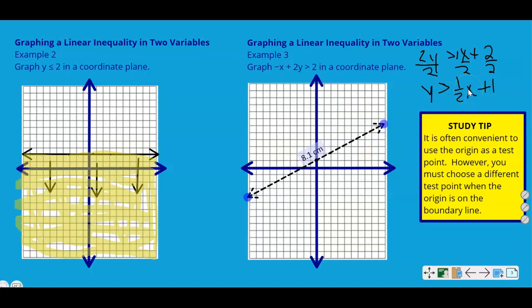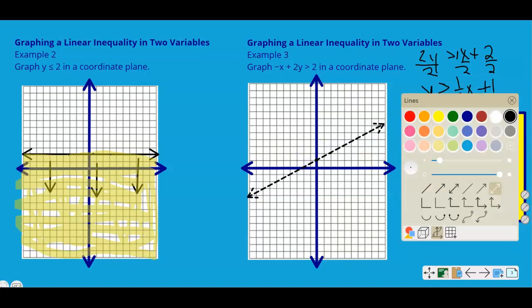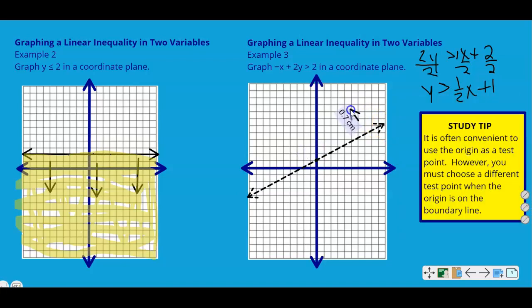All right, so now that we have our boundary line, we know that everything above this line would be part of the solution set. So I'm just using the arrows to show you which way to shade it. So y greater than is above the line.